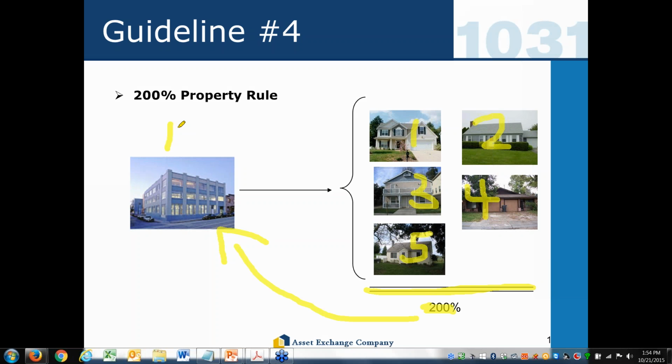So if you sold a building for $1 million and you're going to nominate your replacement property using the 200% rule, you have $2 million worth of value that you can identify. So that could be 10 $200,000 properties. It could be 5 $400,000 properties. It can be any number of properties until you hit that $2 million limit, or 200%. Does that make sense?